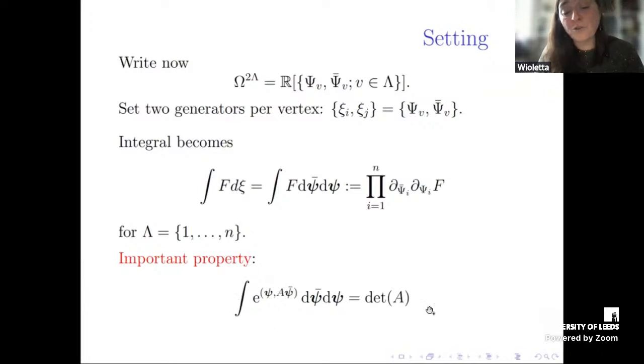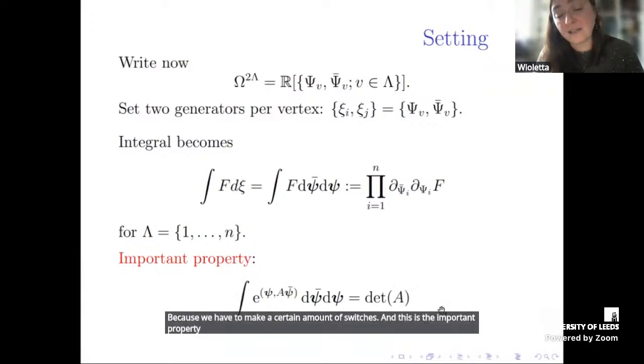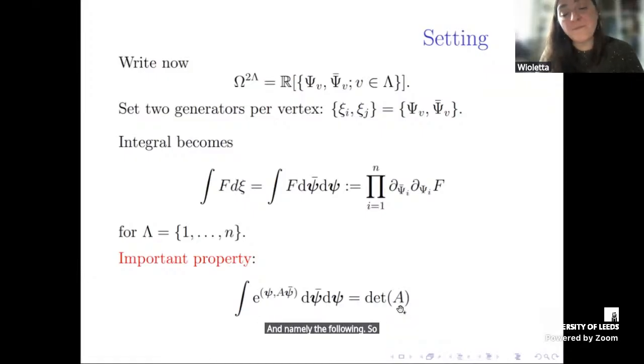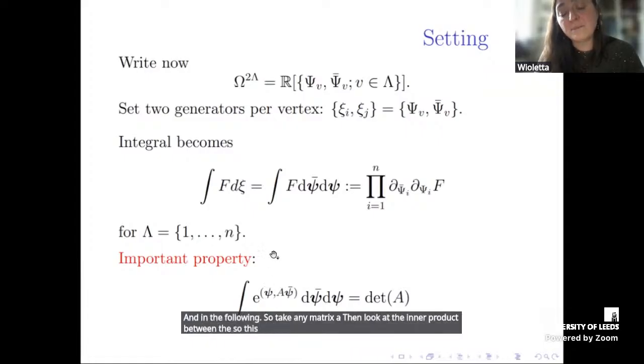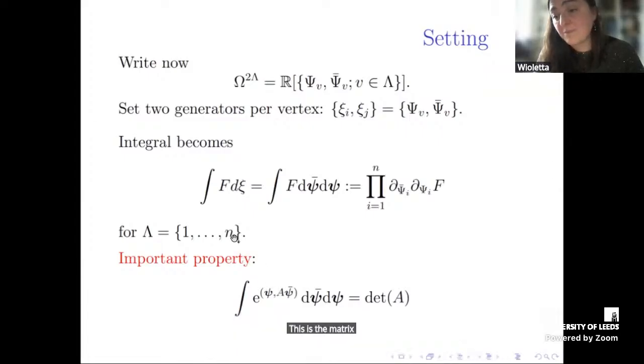And this is the important property which Alessandra will use in a moment, which is very important, namely the following. So take any matrix A, then look at the inner product between the vector psi indexed by 1 to n, this is the matrix, which is n times n, and this is again psi bar, a vector of size n.